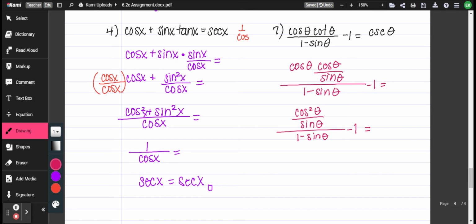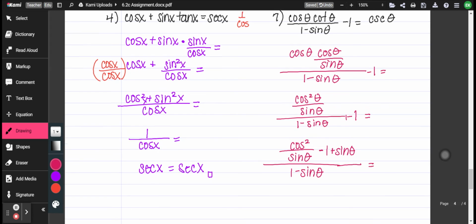Why don't I just get a common denominator with this 1 and put it all together? So the common denominator would be 1 minus sine theta, and negative 1 times that is minus 1 plus sine theta.